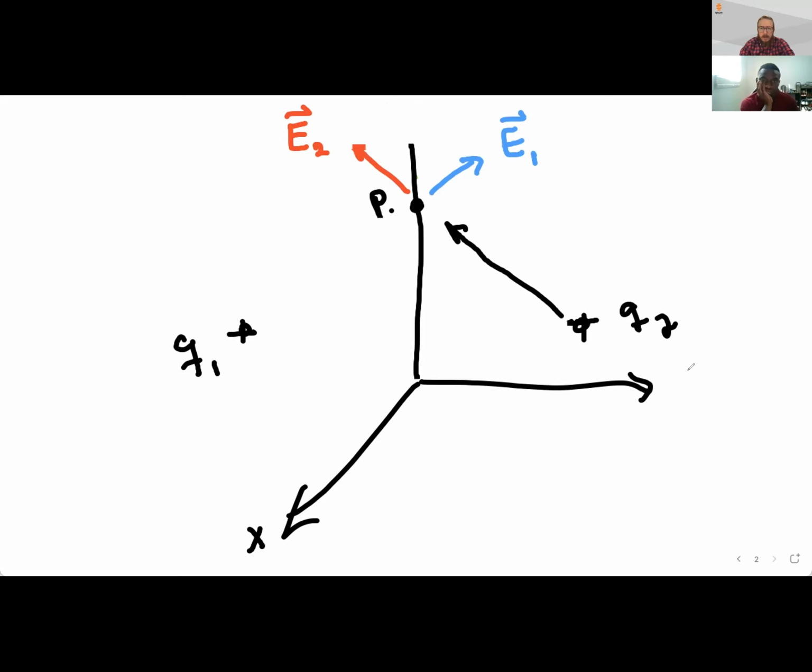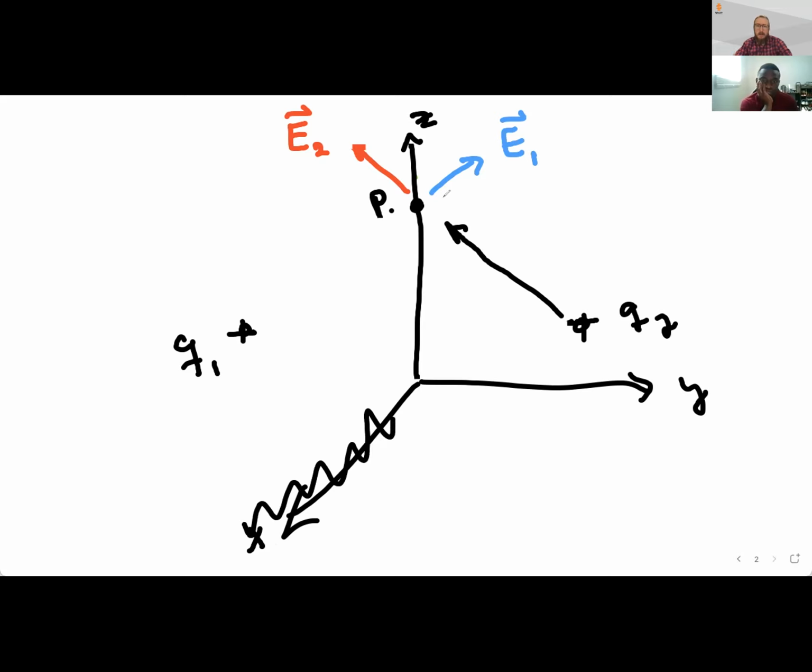It should be X, Z. For these two charges, let's say they're both in the X is 0 plane, so let's forget about that.